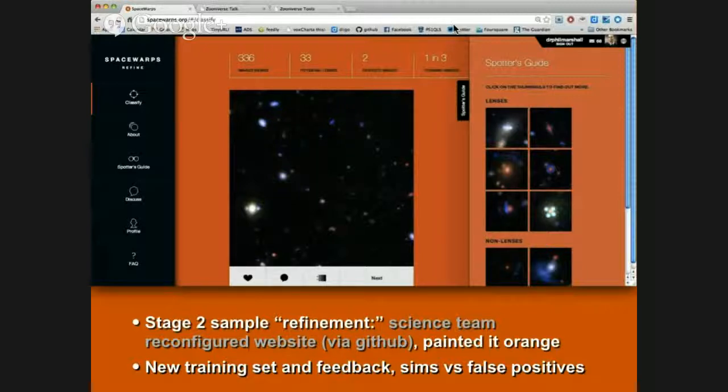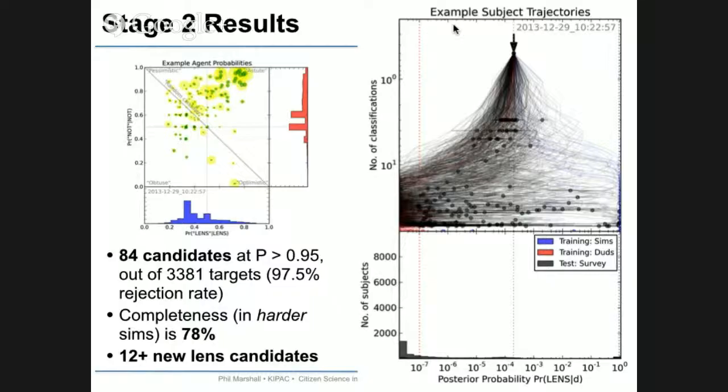But maybe more importantly, we did most of the reconfiguration ourselves, which I think is important for the future of things. We put in a new training set. Pradeep did lots of work on the new Spotter's Guide, and then we set it going for another week to do a second round of classification with harder simulations, harder training, and so on.